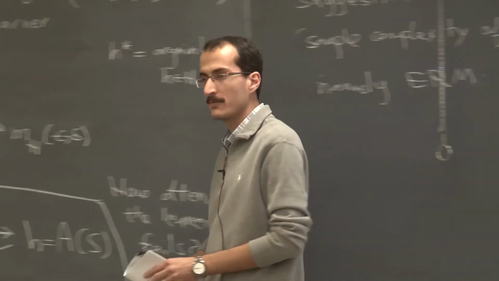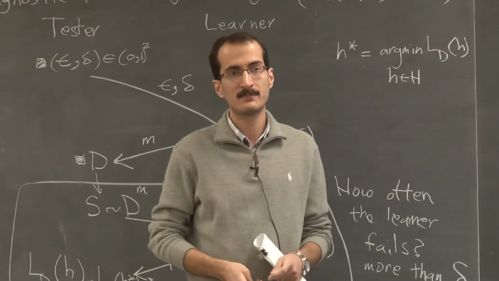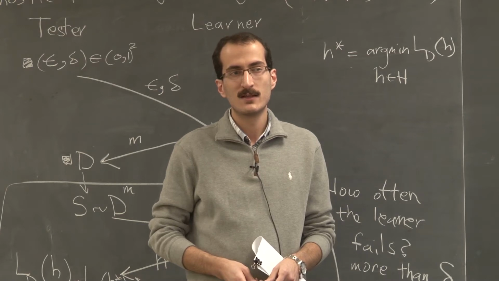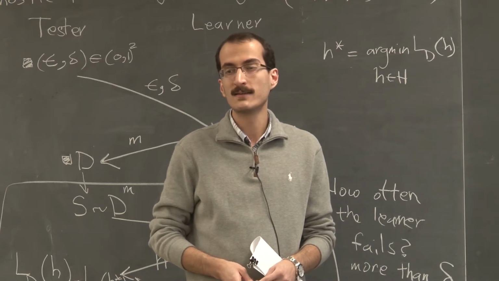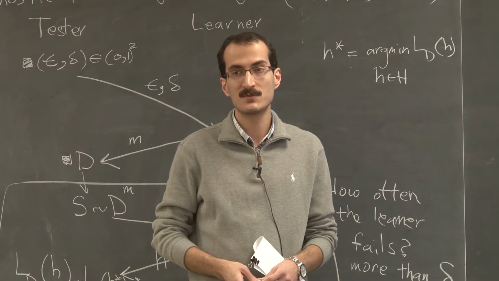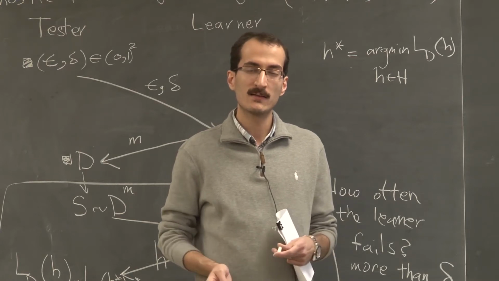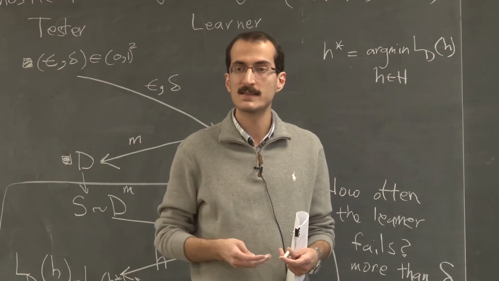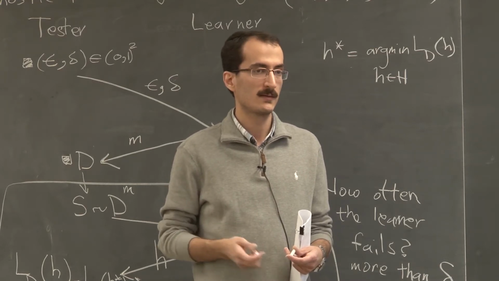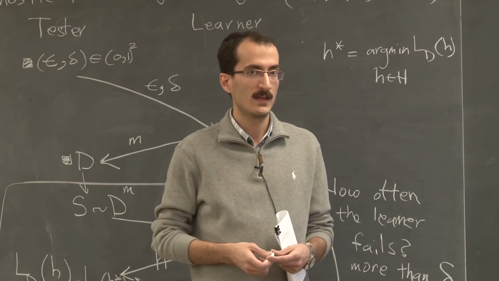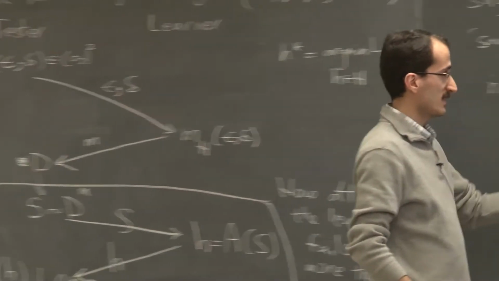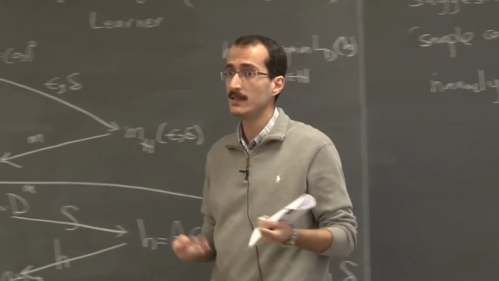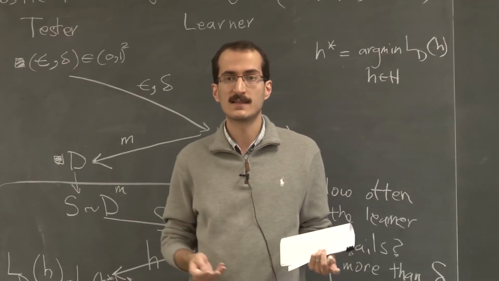And how can we bound the sample complexity of ERM? One intuition, I think, is that because ERM works on the sample, not the true distribution, it will work well when the true loss is very close to the empirical loss. If that is the case, then because this one minimizes the empirical loss, it will automatically minimize the true loss as well.